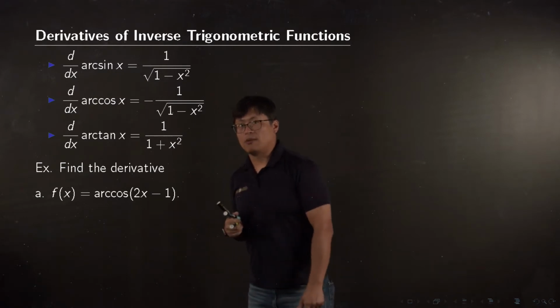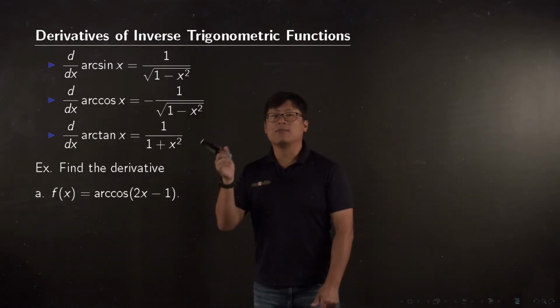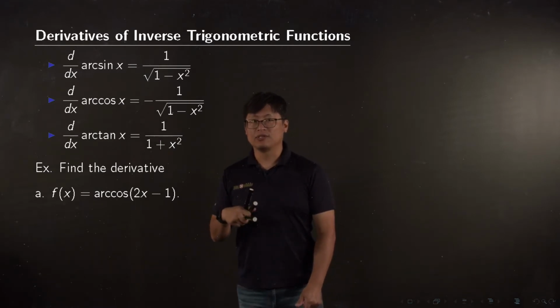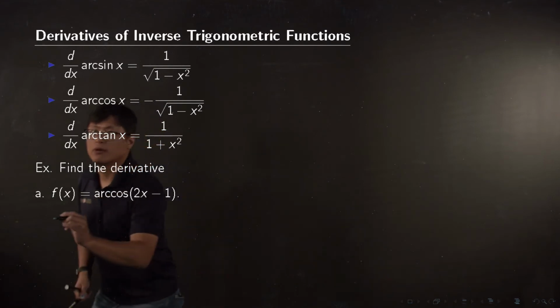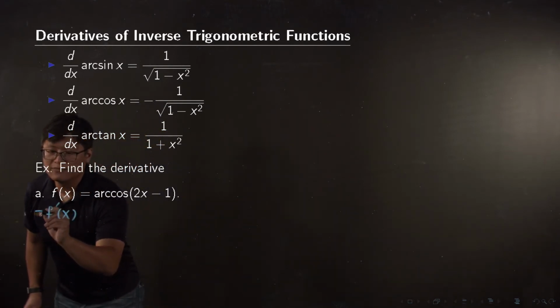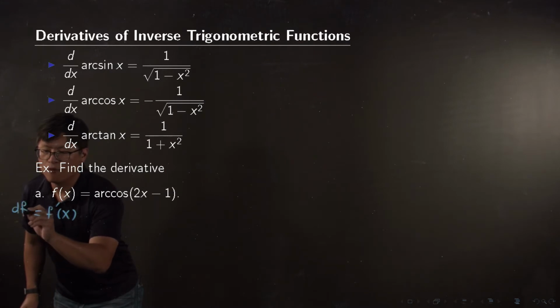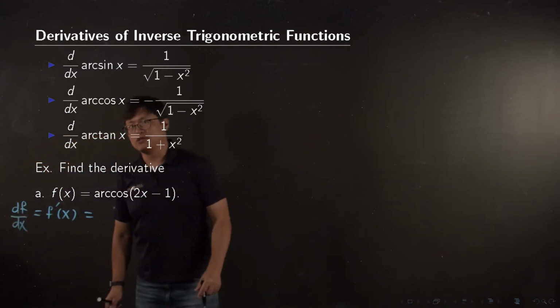Look at the first problem. It is concerned with arc cosine, which is the outside function, but keep in mind there is an inside function. I'm talking about the chain rule. So what is f prime? F prime of x, or in Leibniz form df over dx, is equal to the outside function, arc cosine.